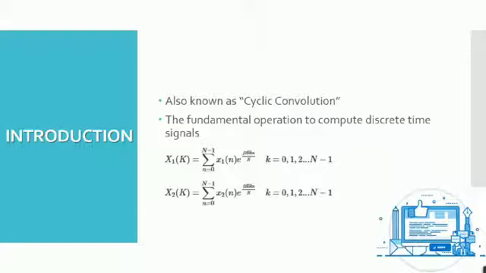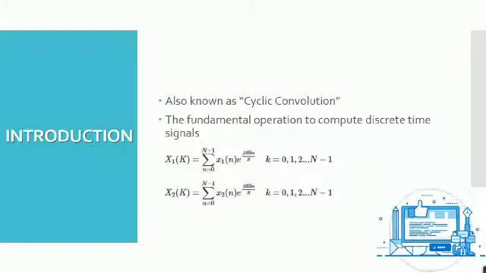Similarly, X2 of k is equal to the summation of n varying from 0 to capital N minus 1 of x2 of n into e to the power of that same constant term. So don't bother about that. What are these x1 and x2?